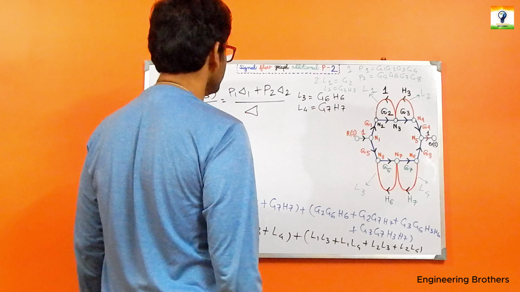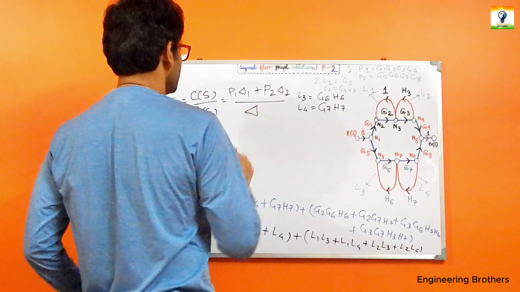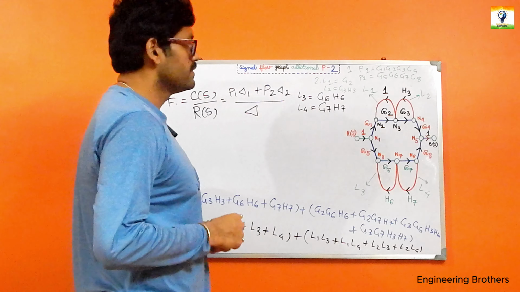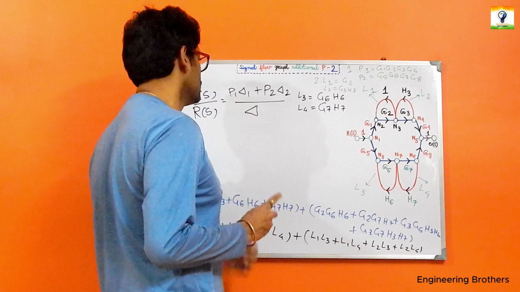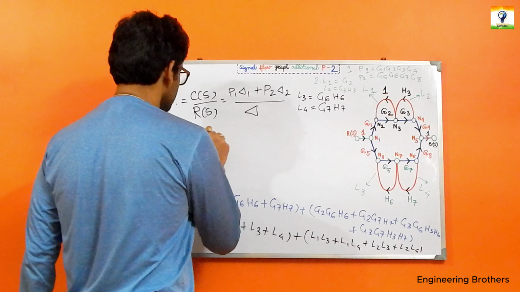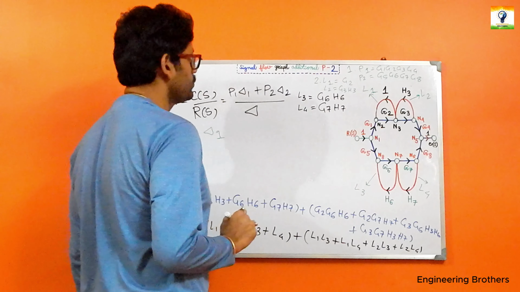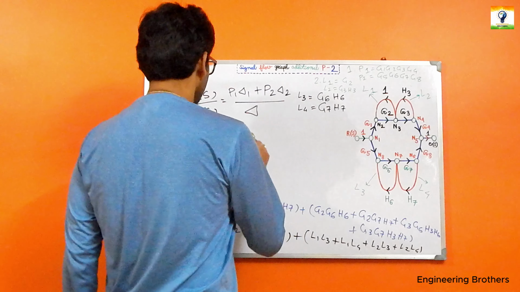Now the next step will be to find the expression for our delta 1 and delta 2. In our previous classes, I have already told you about delta 1 and delta 2. Delta 1 is naturally connected with our forward path P1.